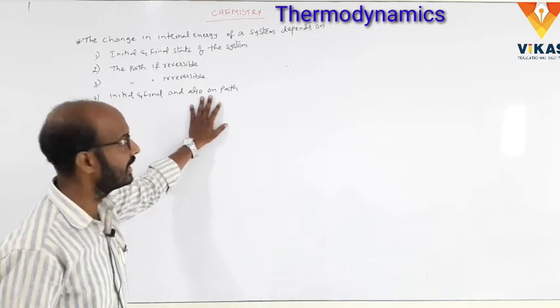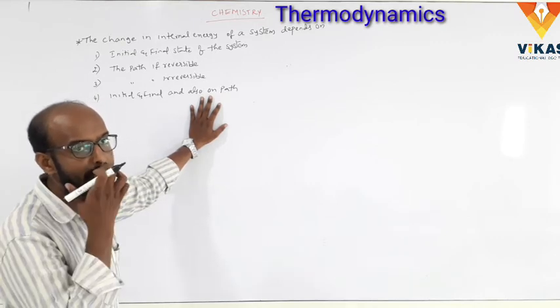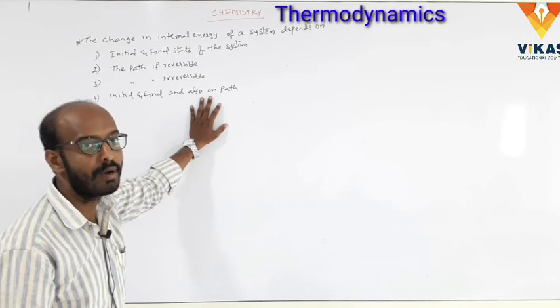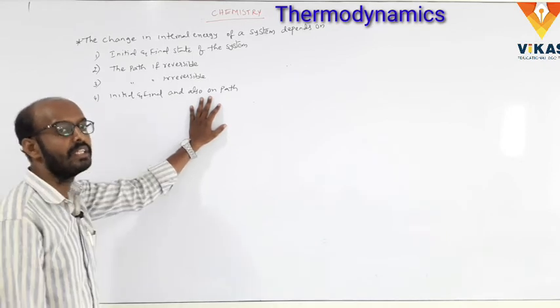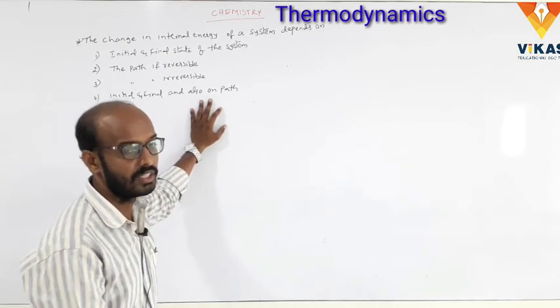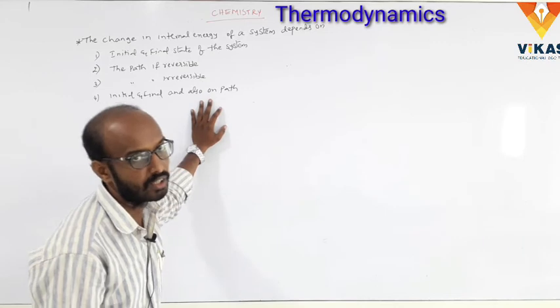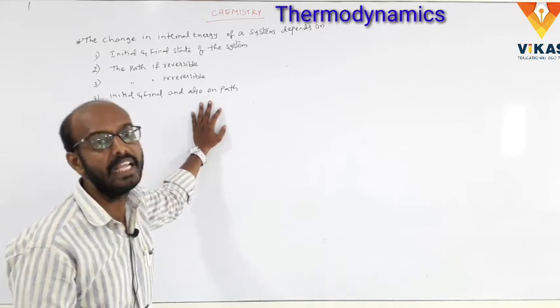So, what is internal energy? It is the sum of all types of energies. It is impossible to determine the absolute value of the internal energy; we measure only the change. It is a state function. What is meant by a state function? It depends upon the initial and final state.